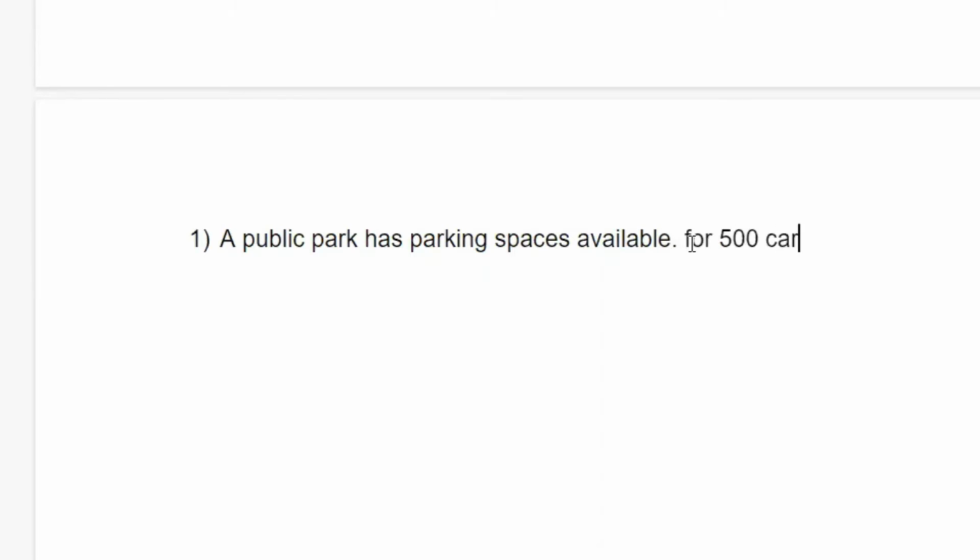A public park has parking spaces available. Okay, a public park has parking spaces available for 500 cars.